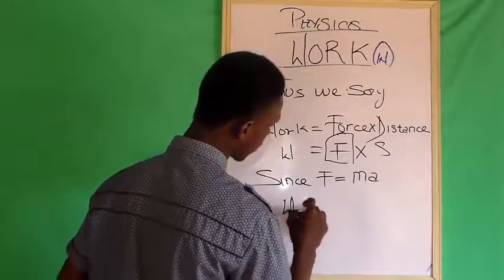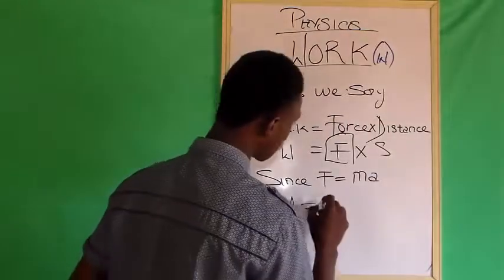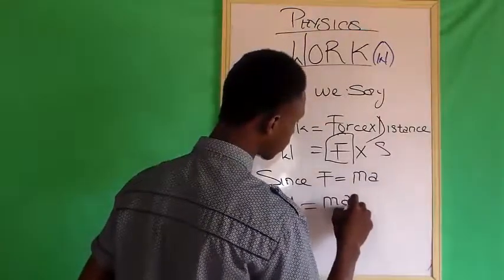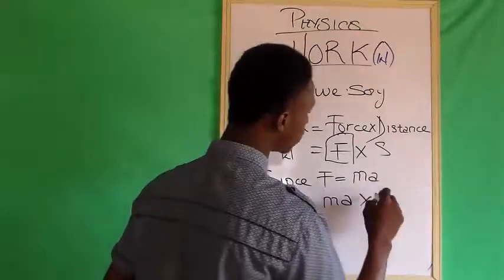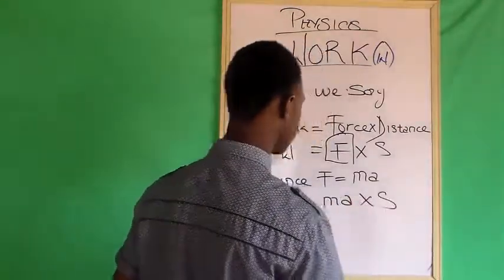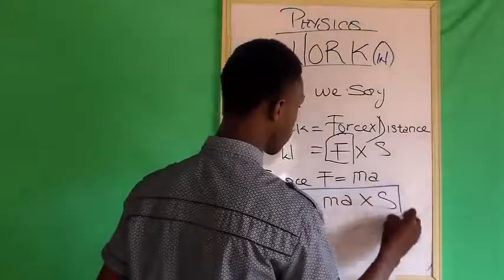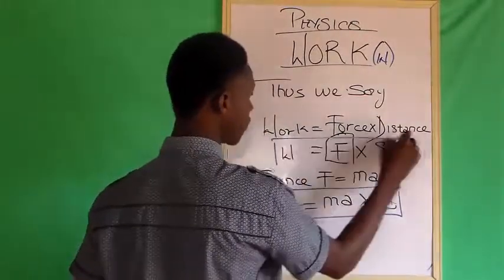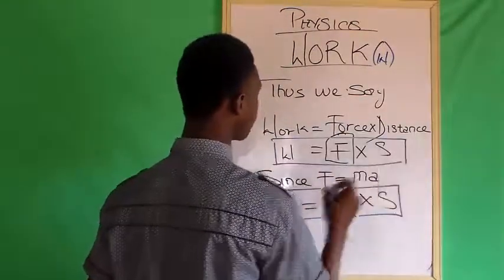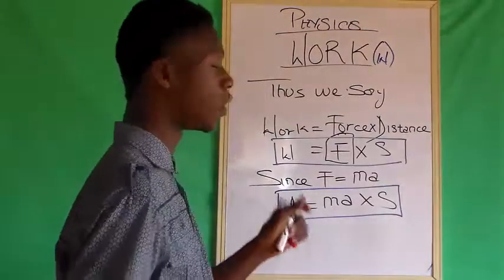Now work is equal to mass times acceleration multiplied by the distance. And now we have the formula for finding work.